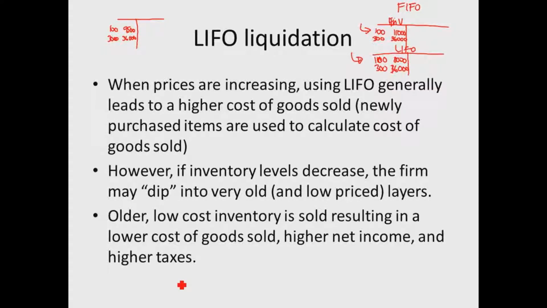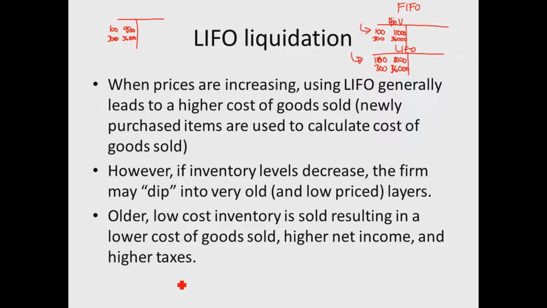Now, if I only sell 300 books, then everything still kind of works out as I would have expected, because the cost of goods sold is going to be lower for which firm? Right, so why is my cost of goods sold lower? Let's say I bought 300 books.